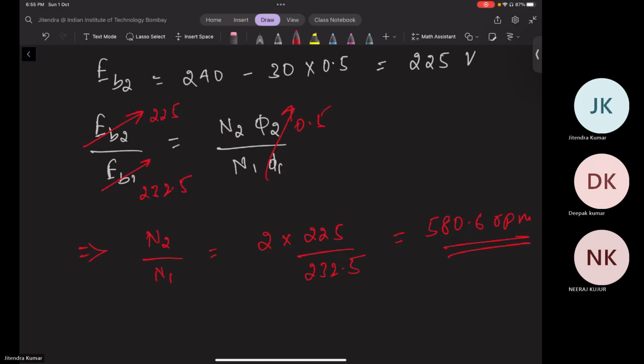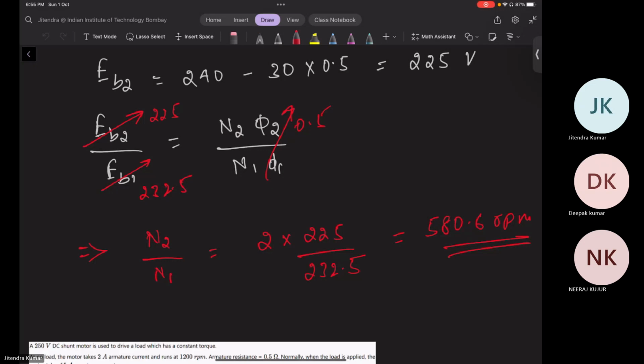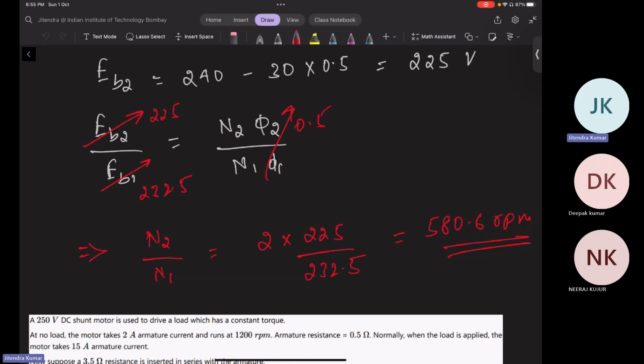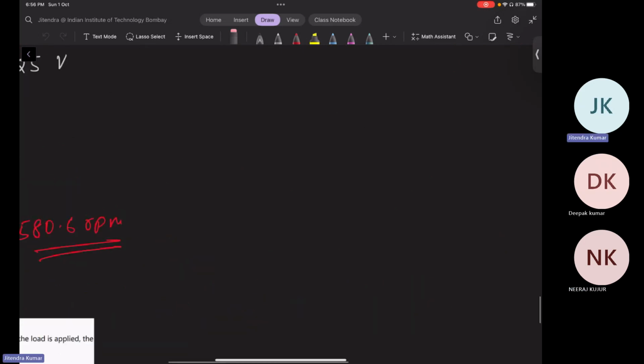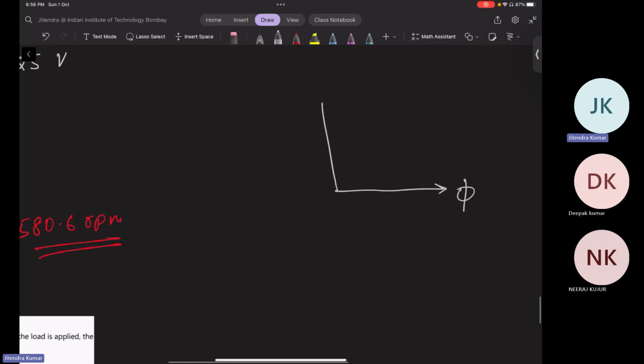Because you do not have any demagnetizing component or any magnetizing component until the axis is shifted. Both axes, field and armature, are 90 degrees apart, isn't it?